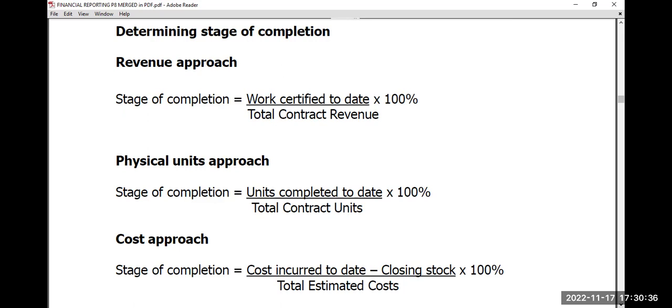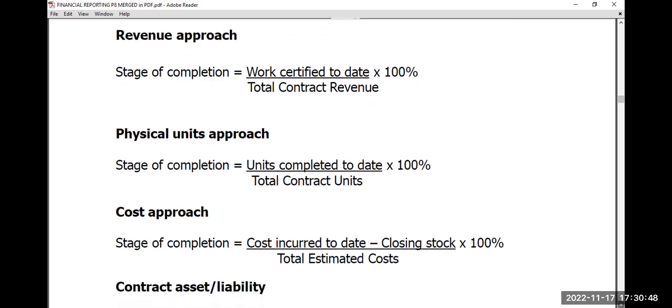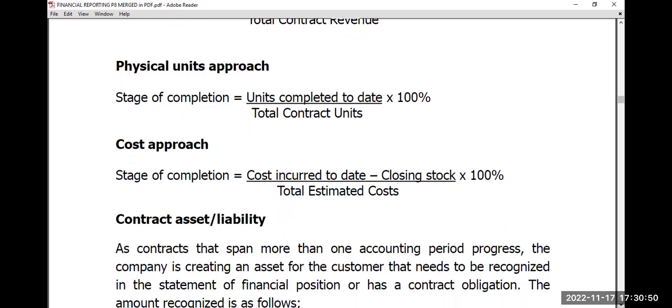Then we are saying the stage of completion using the physical units approach is the units completed to date over the total contract units multiplied by 100 to get for us the percentage.